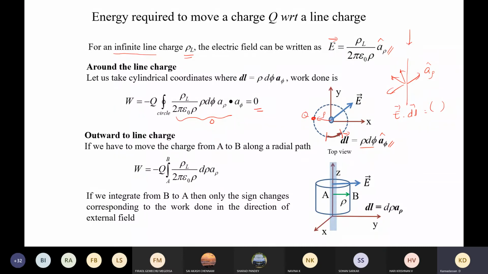This is because the movement of the charge is just perpendicular to the field. This is very similar to how the Earth revolves around the Sun. According to the gravitational field, no great change will be happening.